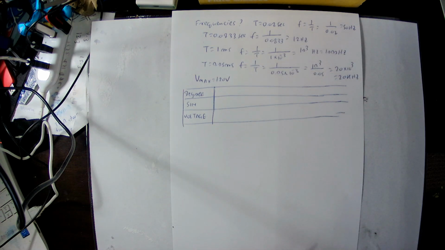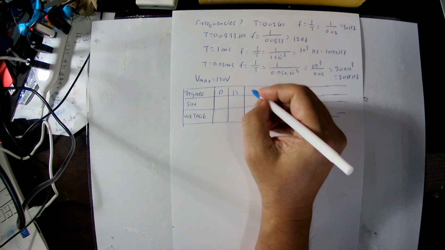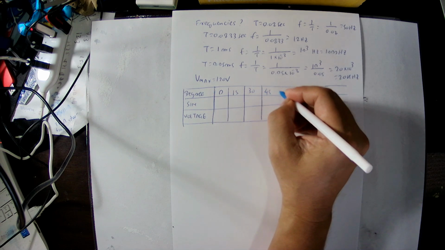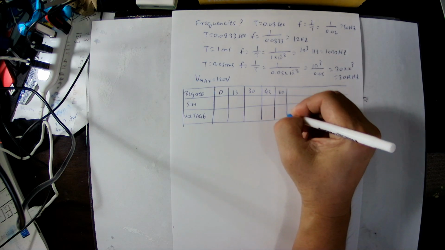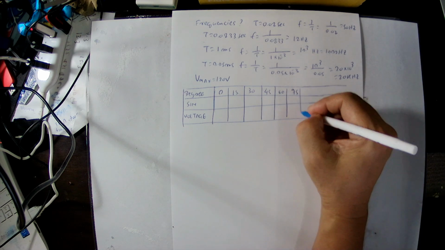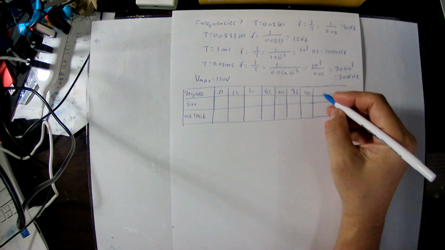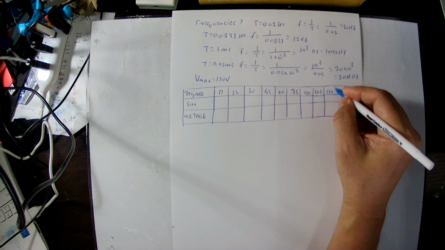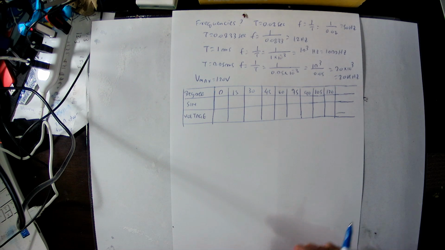So degree is given as 0, 15, 30, 45, 60, 75, 90, 105, 120, 135, 150.